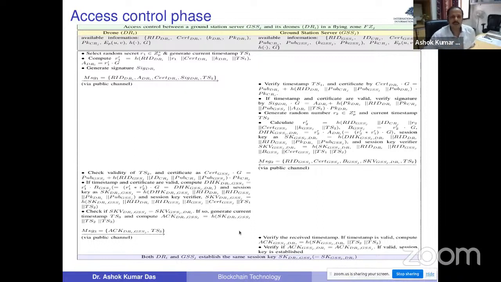When the drone has its information in memory and the GSS has its information in its database, the drone will select a randomly generated secret and the current timestamp. Then it computes R1 prime using this information, generates the signature, and the message is delivered to the GSS containing the pseudo identity.